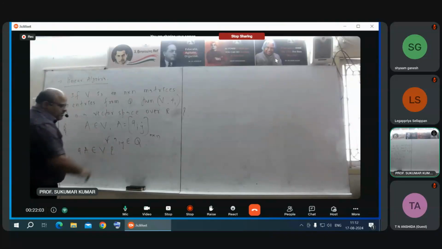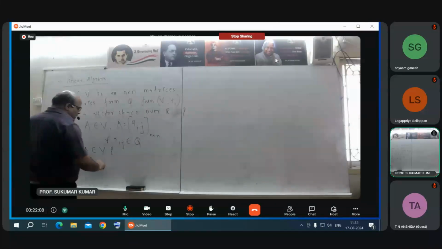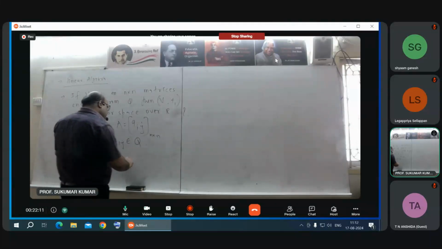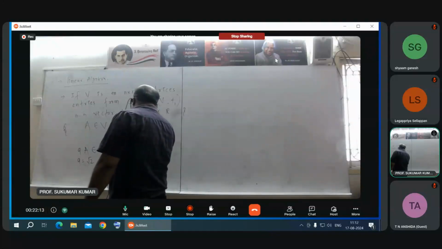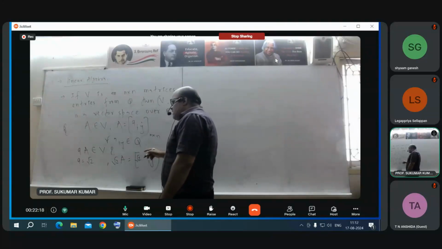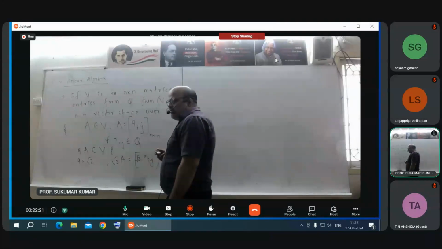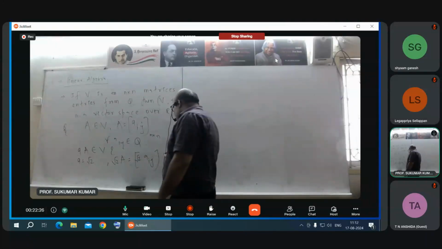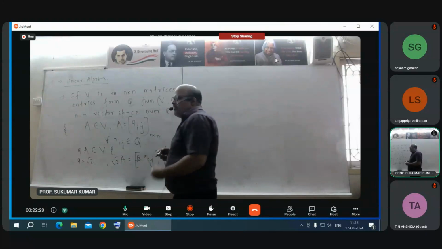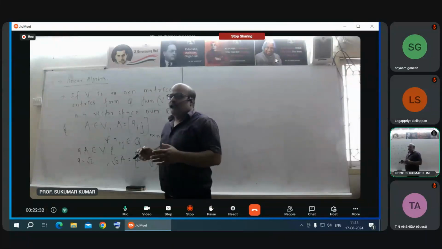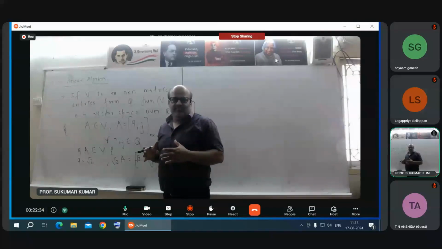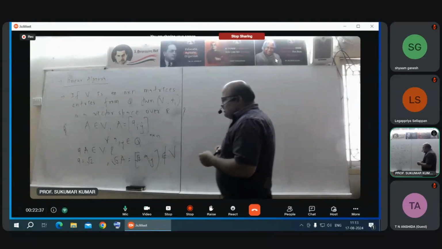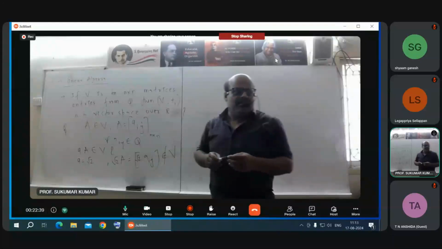I choose alpha equal to root 2 and multiply with A. Can I say that root 2 multiplied with every entry Aij gives all rational entries? No. Root 2 multiplied by any rational is not rational. So this does not belong to V. Like that I have to do. Root 2 into 1 by 2 is not. This is a matrix collection. So this is the counterexample, so this is not a vector space.